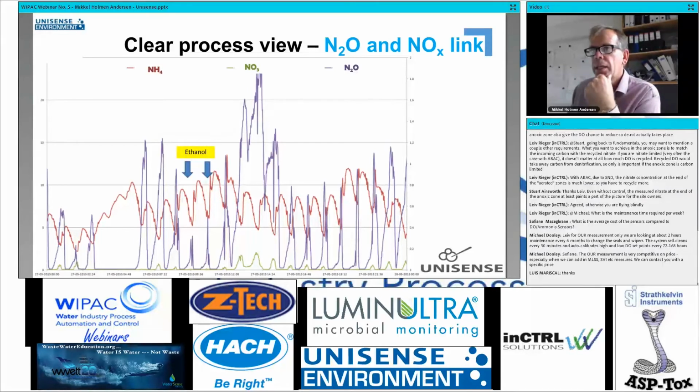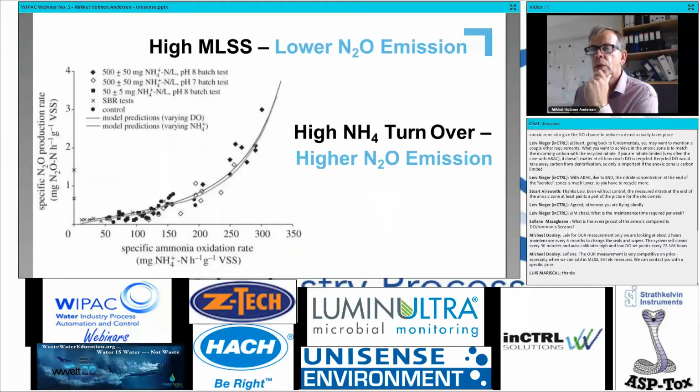Another thing that's also important is sludge control, and having a higher mixed liquor concentration is quite important, because the level of ammonium turnover per bacteria is directly and proportionally linked to the specific production of nitrous oxide.